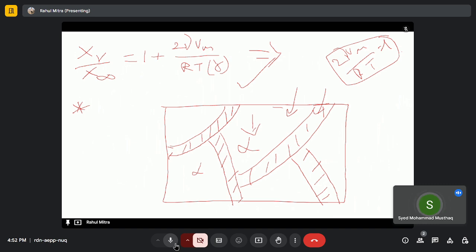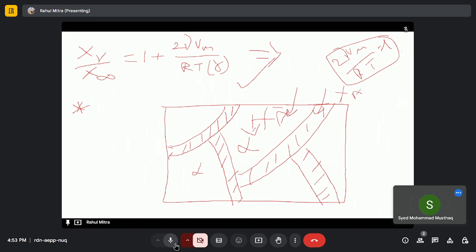Now what's our next goal? Our next goal is to learn how free energy will change with the composition of both the bulk and, for example, let's say our grain has a composition of X, and our grain boundary has some other composition.